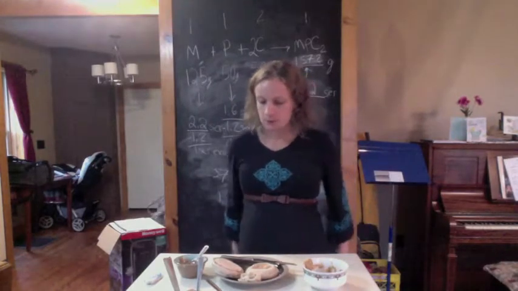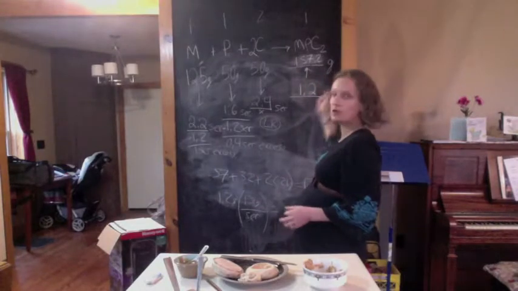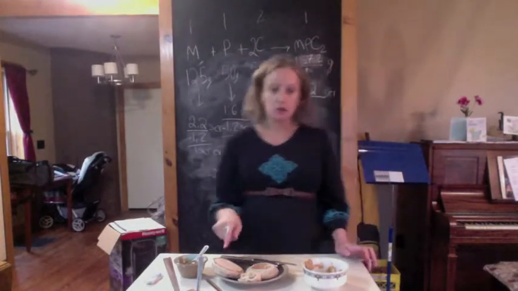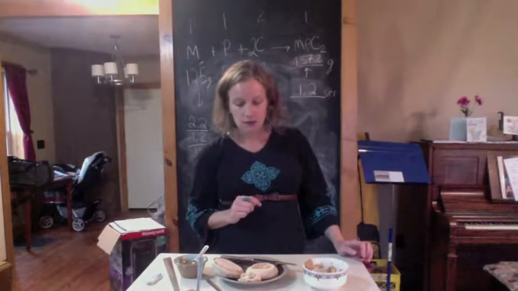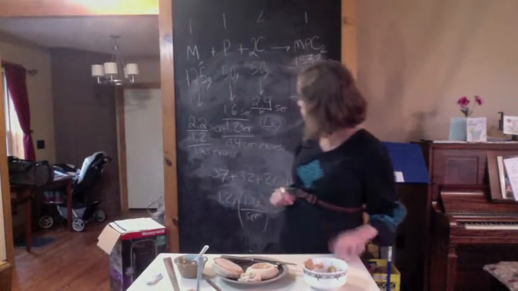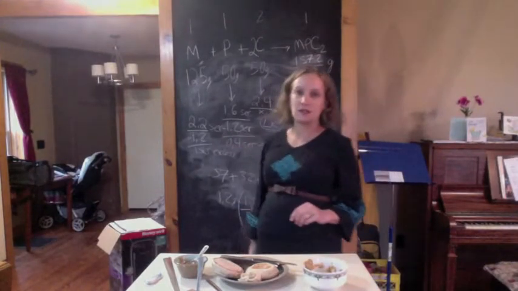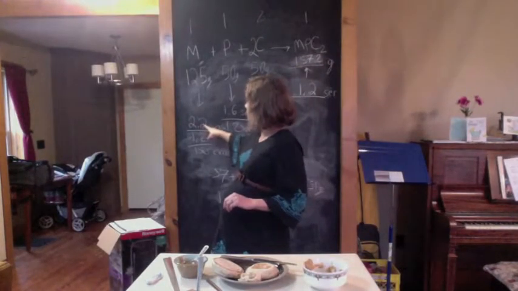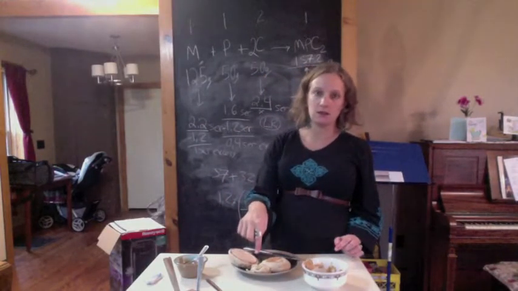Now, we predicted that we could make 1.2 servings. We made 1 serving, and let's see. I'm trying to figure out how to do this neatly. We have 2.2 servings of muffin. That's how much we measured out. You can see we have these 2 muffins and then the pieces.